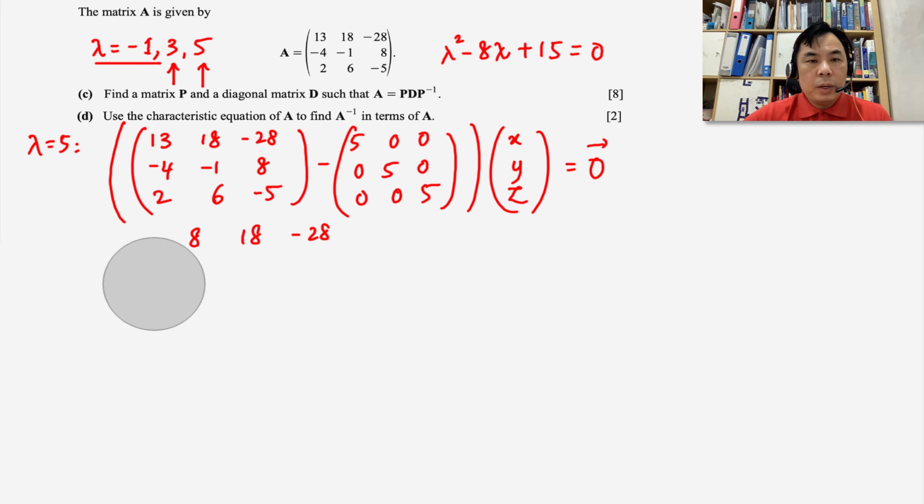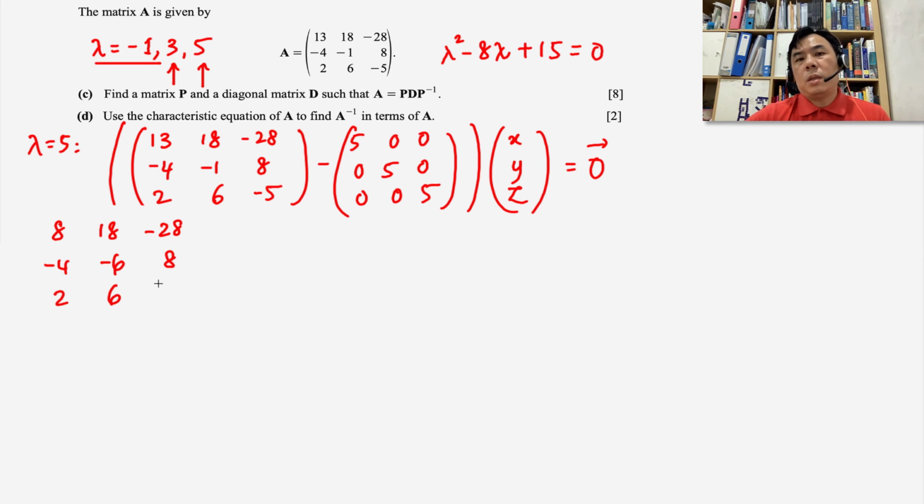I'm going to rewrite this in the augmented matrix form. So that will be 8, 18, negative 28. This one will be negative 4, negative 6, 8, and then 2, 6, and then that is negative 10 here. I'll write it down in the augmented matrix form.